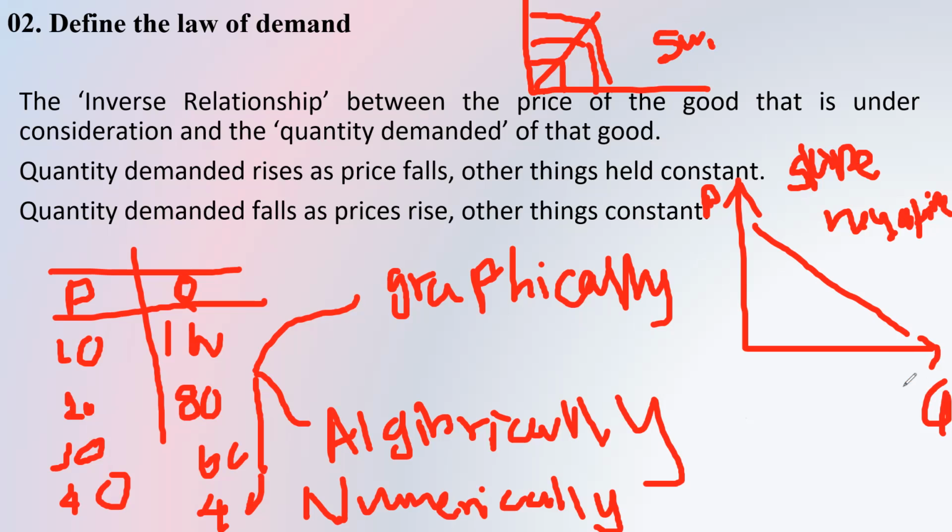So why that is so, after this I will explain algebraically. Algebraically, we know the equation: QD equals A minus BP. Right? So this negative sign indicates the inverse relationship between price and the quantity.